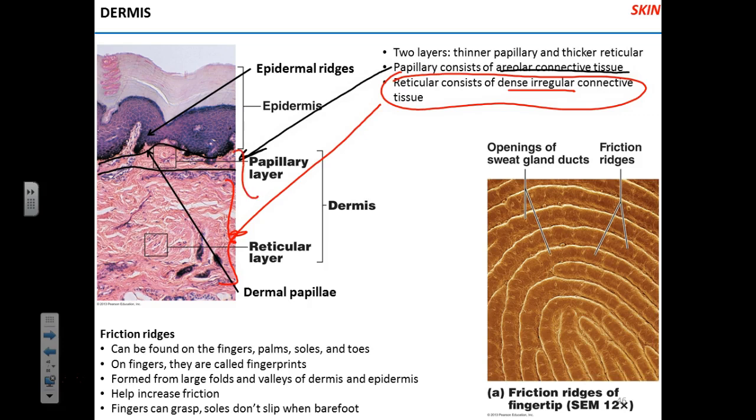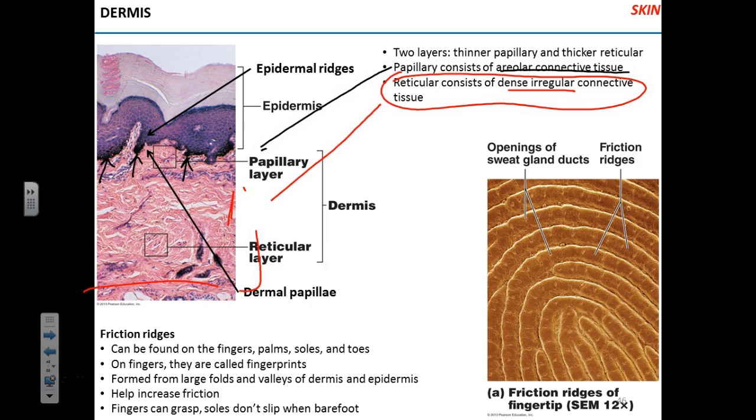Now I want to highlight once again that the entire dermis, this pink part, is separated from the epidermis by the basement membrane. Okay? Now, if you look at this micrograph in the left corner of the slide, you can see the layers.